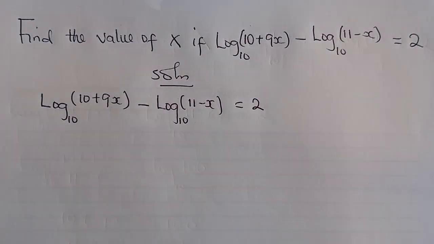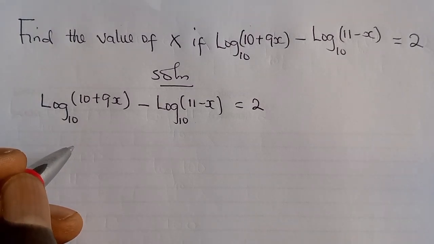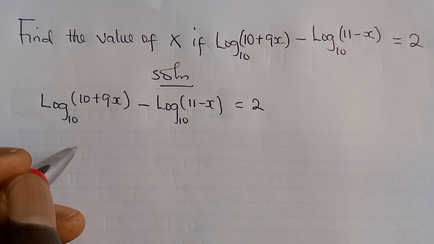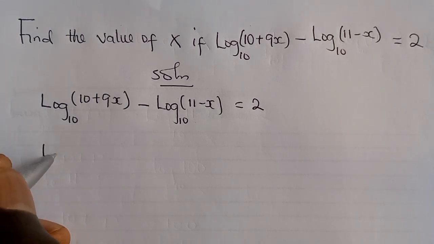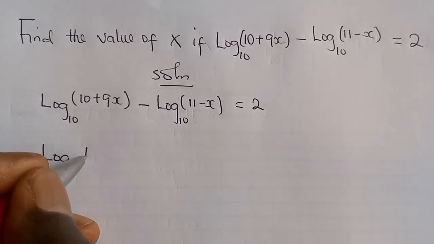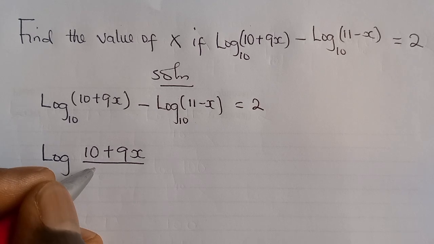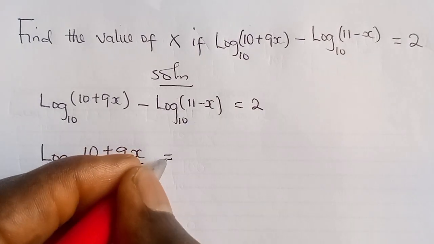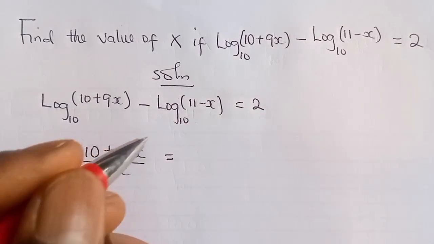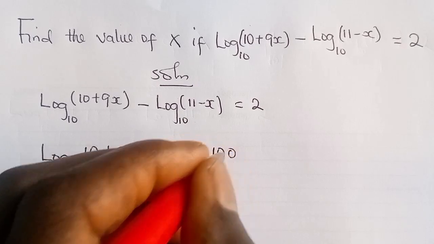This is subtraction of logarithm, so we are going to apply the subtraction law. And when logarithms are subtracted, the one being subtracted is used to divide the other one. So we are going to have log 10 plus 9x divided by 11 minus x to the base of 10, and that's equal to 2 expressed in terms of log to the base of 10, which is log 100 to base 10.